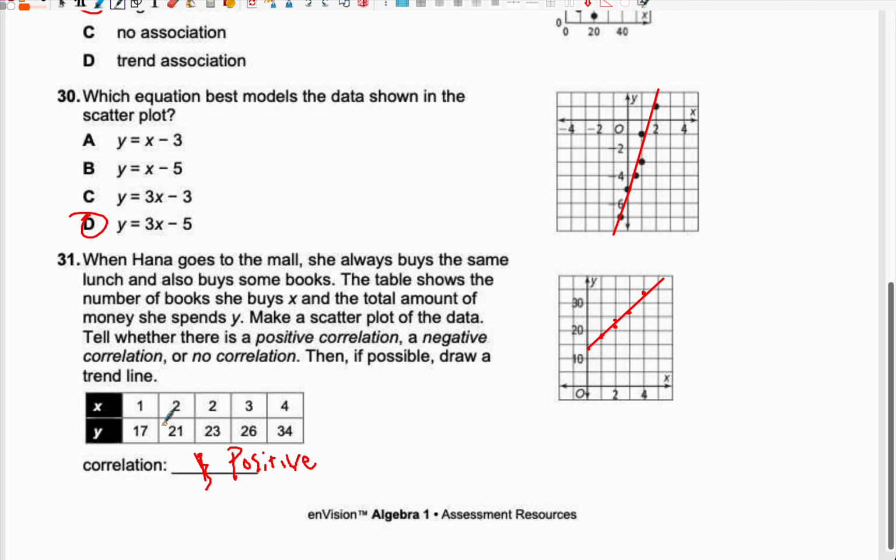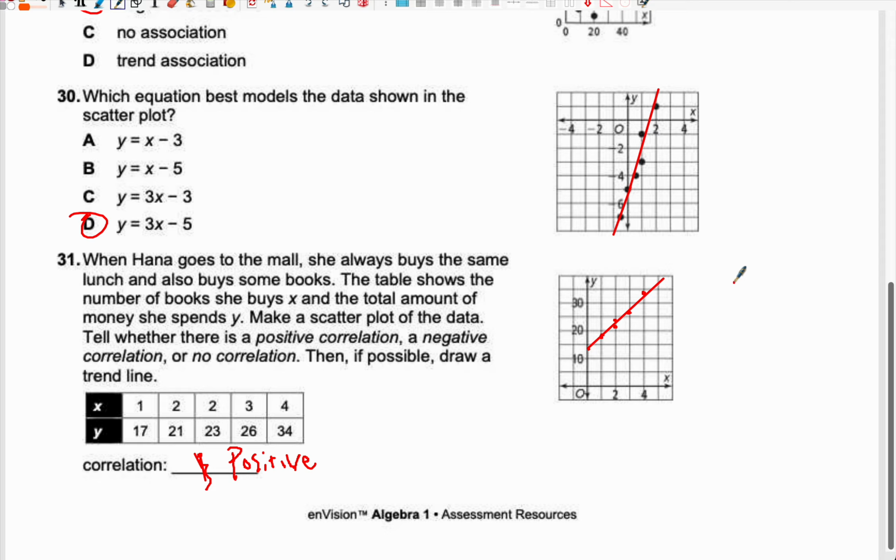So the more books she buys, it tends to go up, right? But the slope is the cost of one book. I like that. The slope of the line, as she buys more books, the line goes up. The line is going up because she's buying more books. So I like letter A, and I'm going to stay here on this screen.